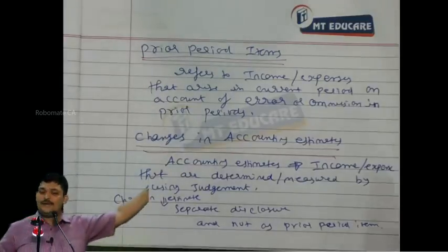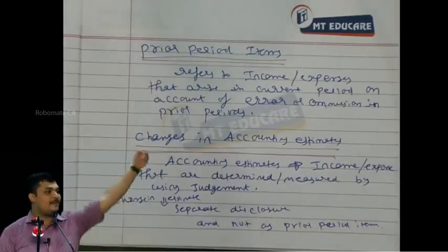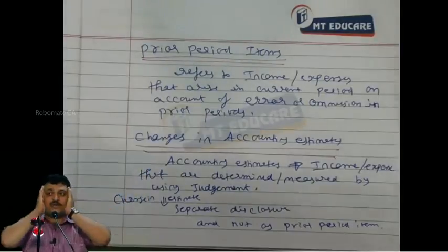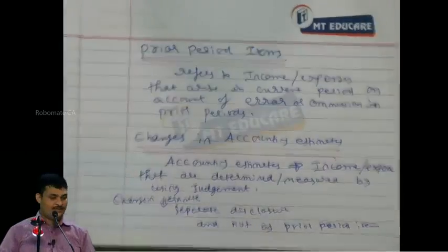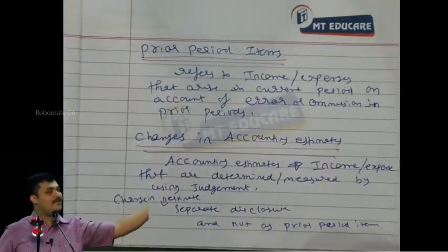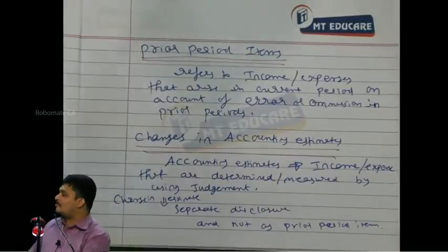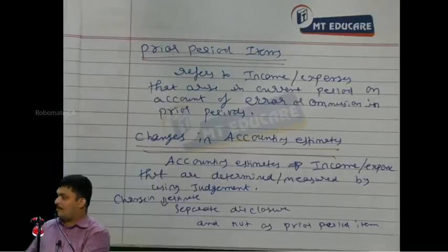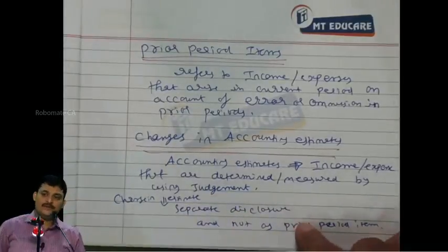If the original estimate is extraordinary, then the change is also extraordinary. For example, provision for bad debts: when the provision was made it was ordinary, so the change in provision is also ordinary. But when the provision for loss by fire is made, the change is also extraordinary. Understood? One thing is that it is not to be shown as prior period.